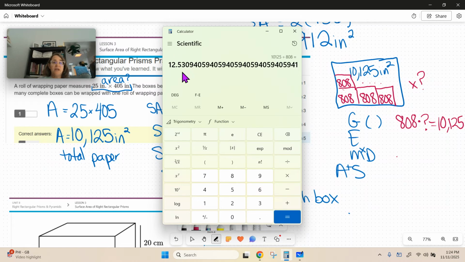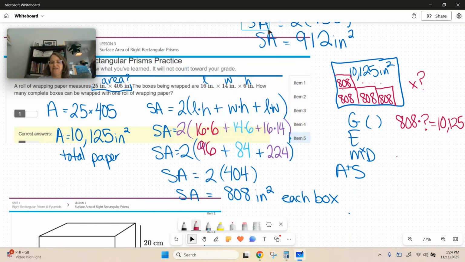Okay, so I'm getting 12 point something. 12.53, I think it was. So when they say how many complete boxes, what this 0.53 means is the box is half covered.